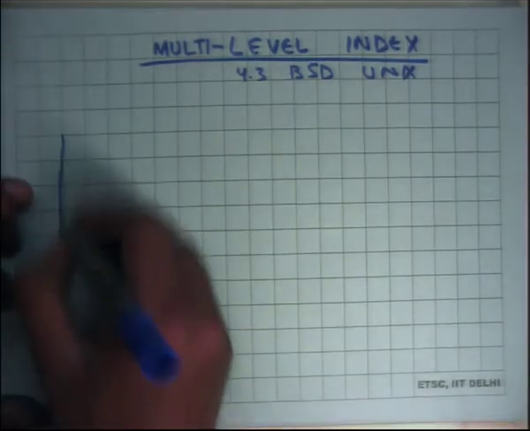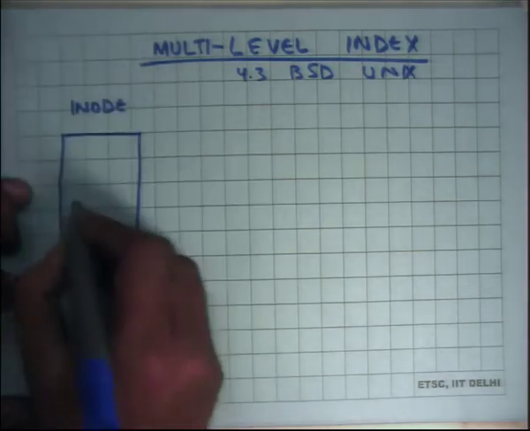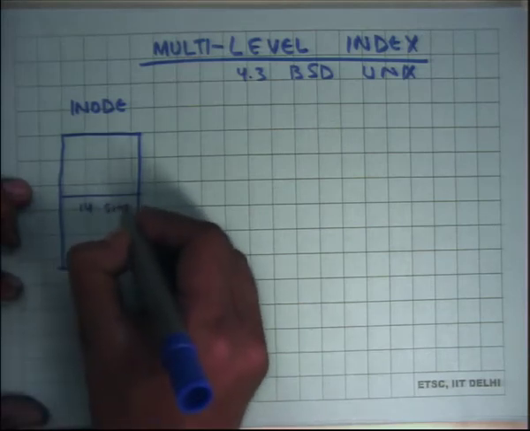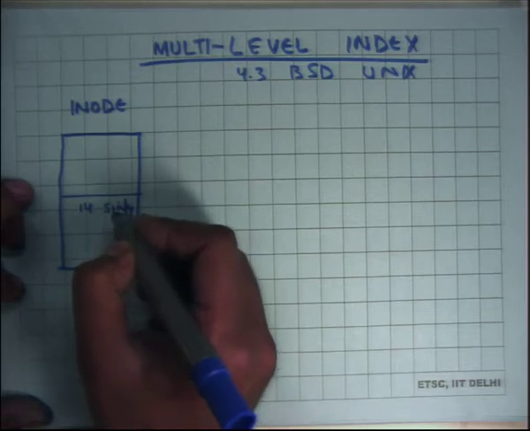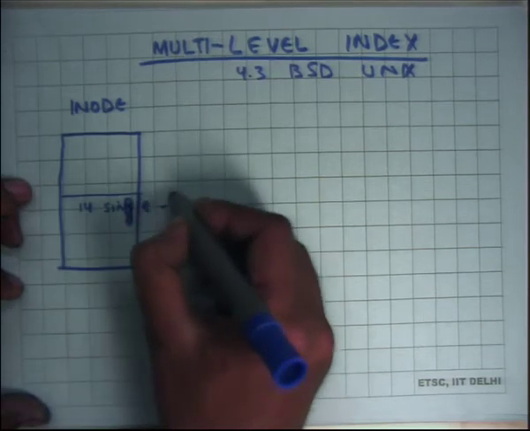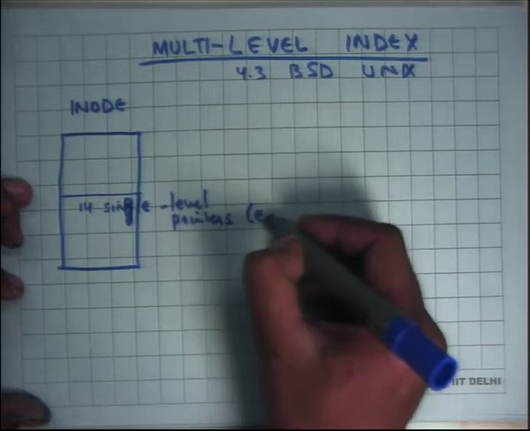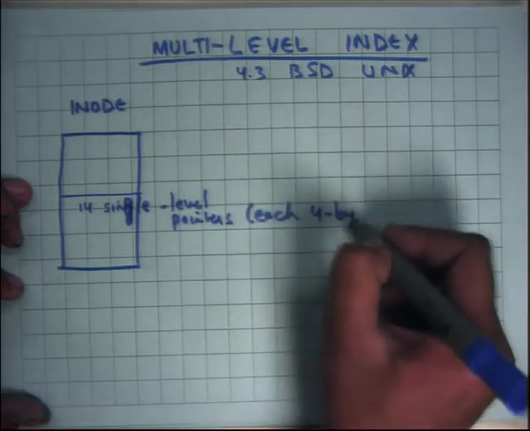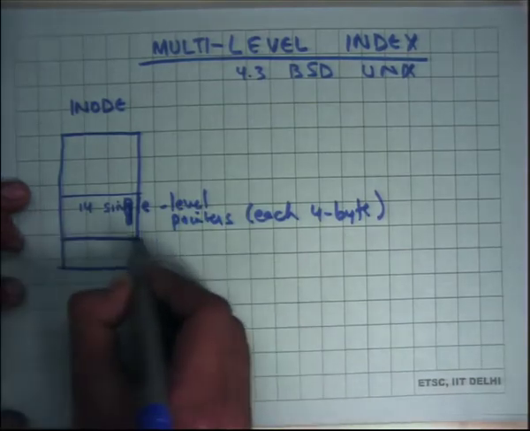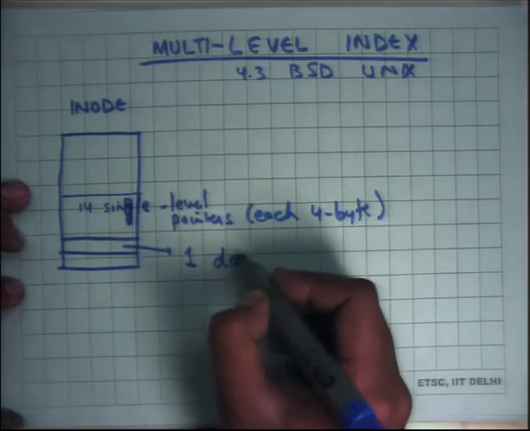The inode contains 14 single level pointers, each 4 bytes. The next entry contains one doubly indexed pointer or indirect block.